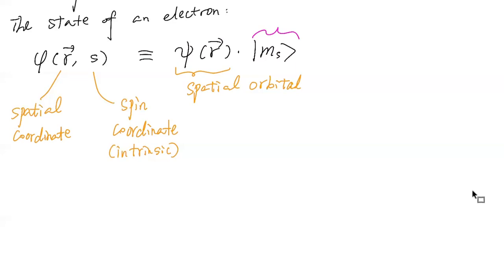But for an electron, s is equal to 1/2. You don't have other values for s, so we can just ignore it. We can just drop the s and write down the ms. And this is, of course, the spin function or spin state.